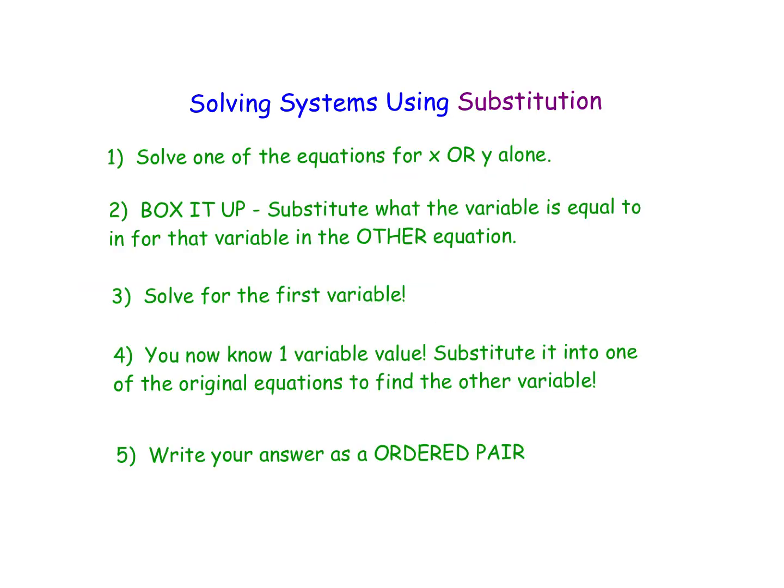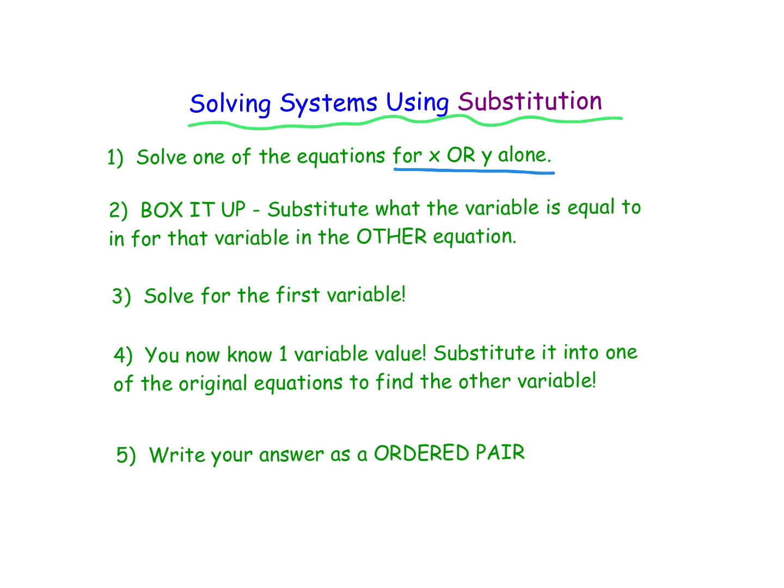So these are the 5 steps we're going to follow when we solve a system using the substitution strategy. And I'm not going to break them down right now, but I just want you to look through them and notice that the first thing we're going to do is we're going to solve for one variable alone. So that talks about the previous slide where you can easily get x or y alone in one of the equations.